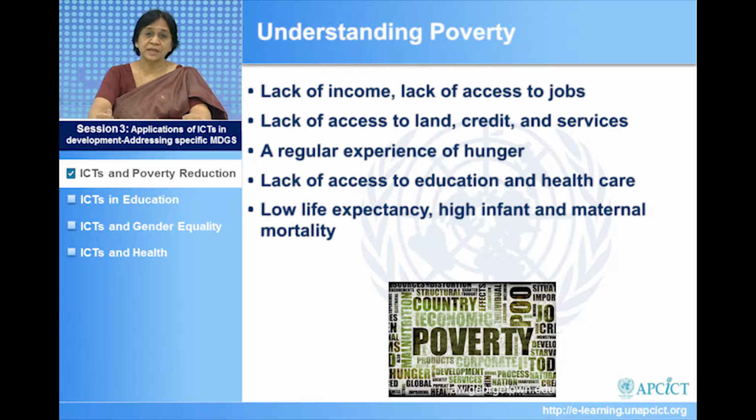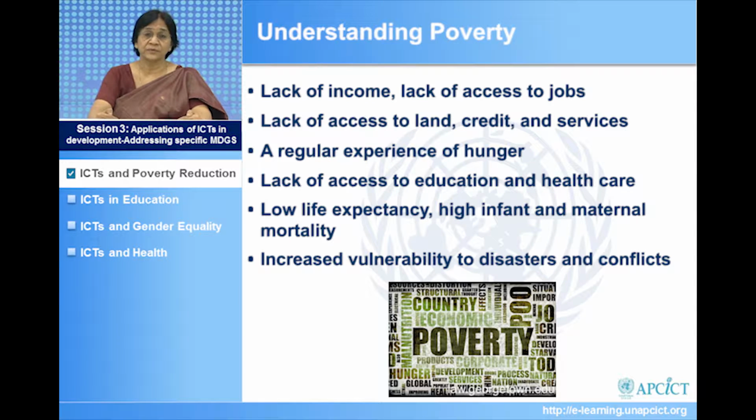Consequently, when there is a disaster and when there is a conflict, it is the poor that are worst affected. Their vulnerability to disasters and conflict is increased, because once a disaster strikes, their ability to recover and to rehabilitate themselves is affected by the lack of income and the lack of access to jobs.